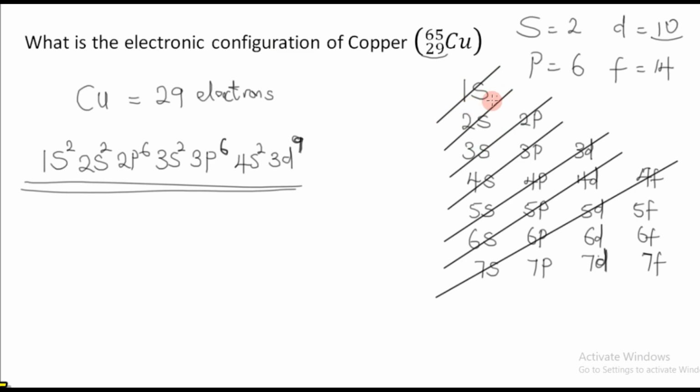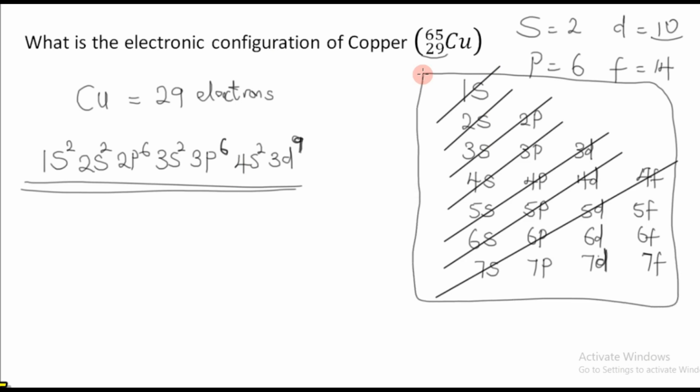And this is the order of increasing energy level: 1s to 2s, from 2s to 2p to 3s, from 3s to 3p to 4s, from 4s to 3d, 4p, 5s, then from there to 4d, 5p, 6s, depending on the number of electrons that you have, right? So electronic configuration is really quite simple and straightforward, as long as you can remember the Aufbau principle and this chart.